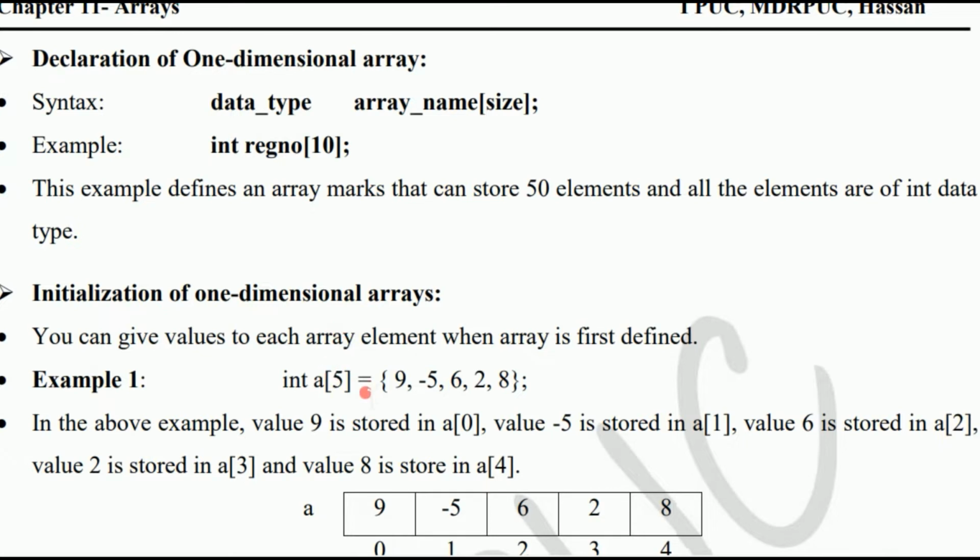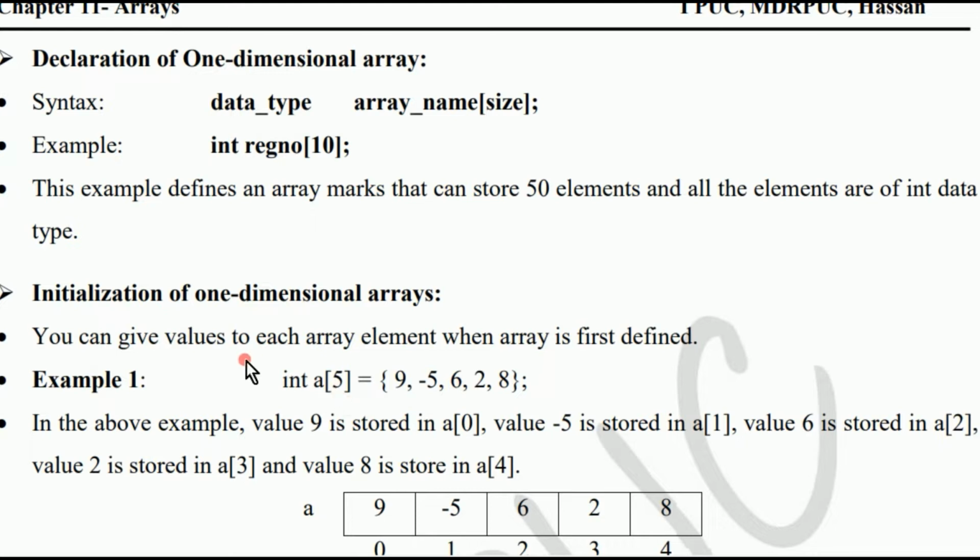Then how can we initialize? We can write a of 5 equal to curly braces, then give the values one by one. Then automatically it will take a of 0 as 9, a of 1 as minus 5, a of 2 as 6, a of 3 as 2, and a of 4 as 8. In this way, we can store 5 different values by using the initialization method.